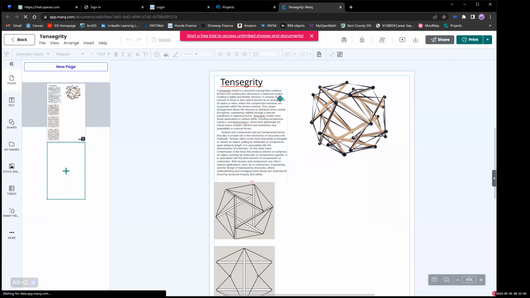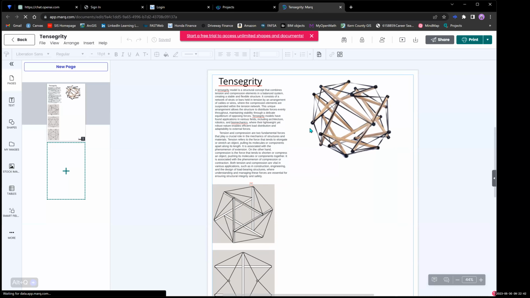So I wrote here, a tensegrity model is a structure concept that combines tension and compression elements in a balanced system, creating a stable and flexible structure.